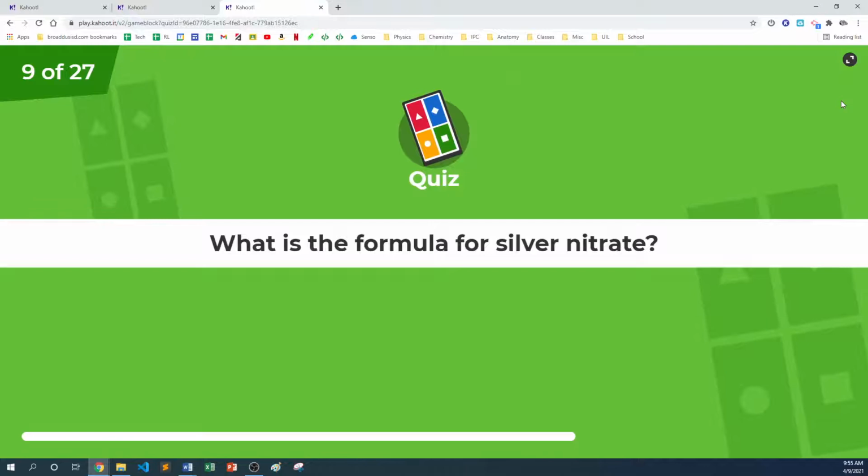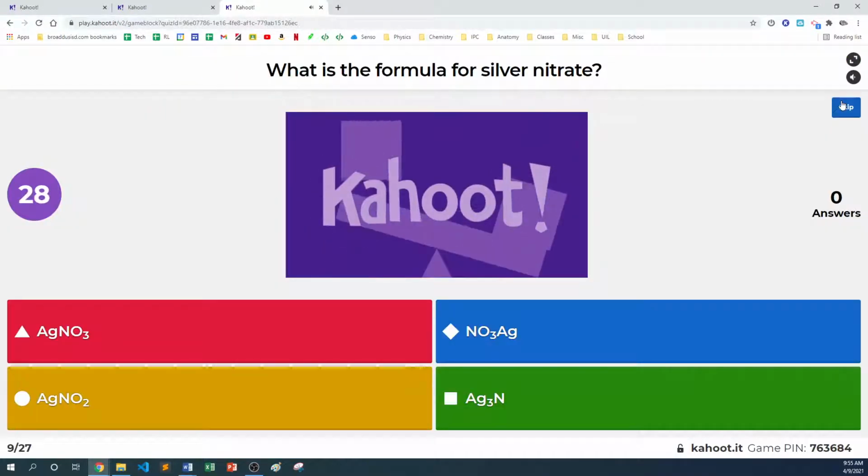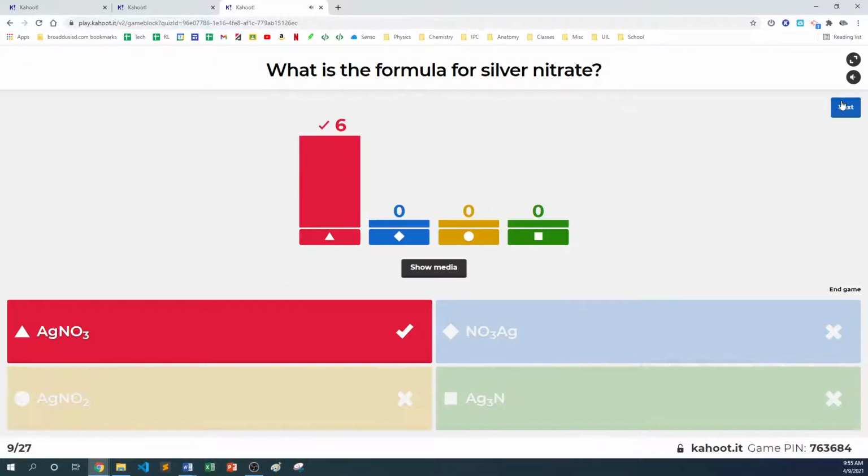What is the formula for silver nitrate? NO3 is nitrate, and it has a negative charge. So NO3 has -1 charge. That means there should only be 1 silver.